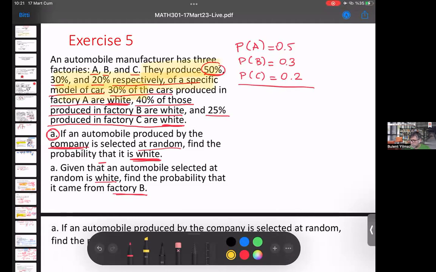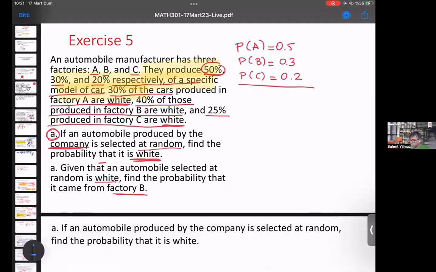Next, 30% of the cars produced in factory A are white. What do I know?